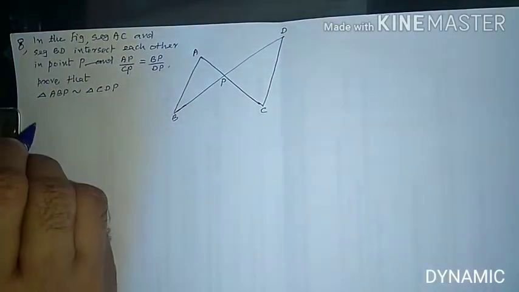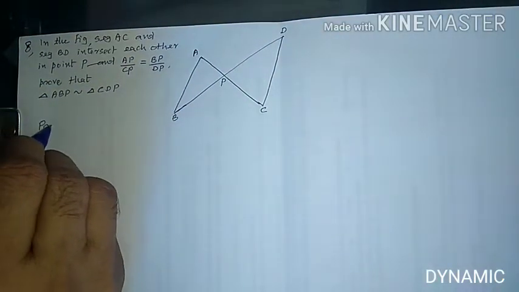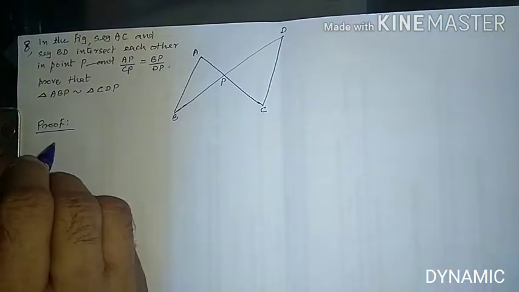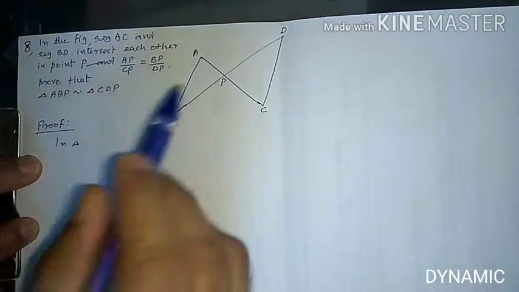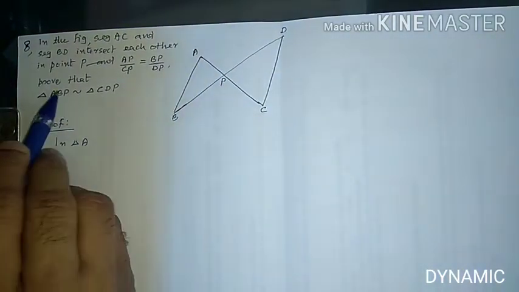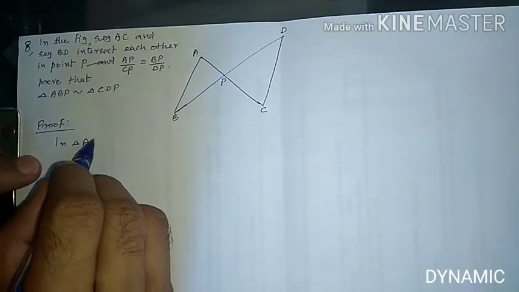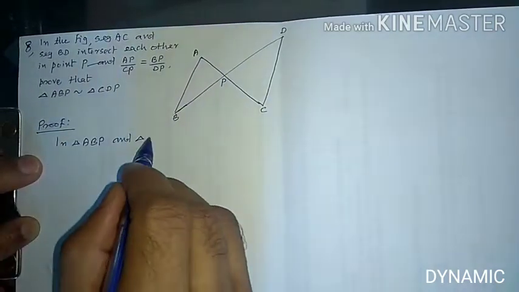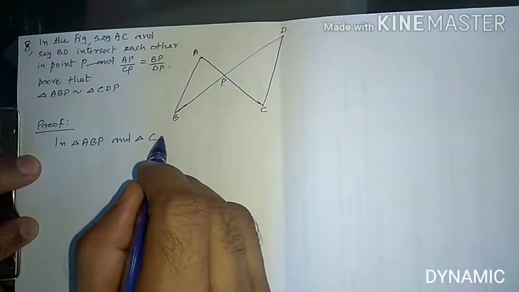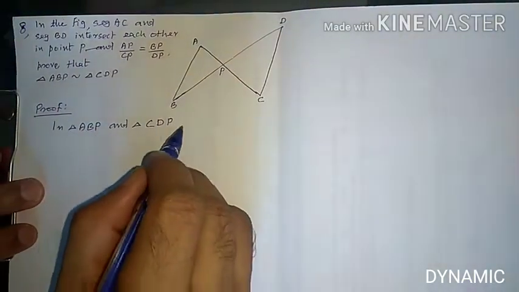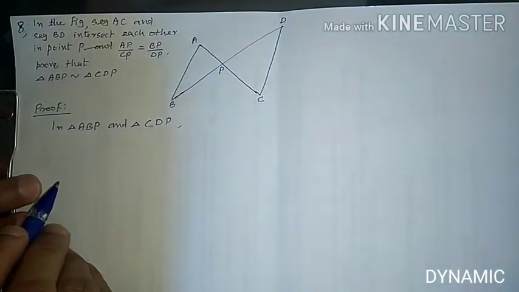They say prove that. Therefore, proof. In triangle APB and triangle CDP, these two triangles we consider.